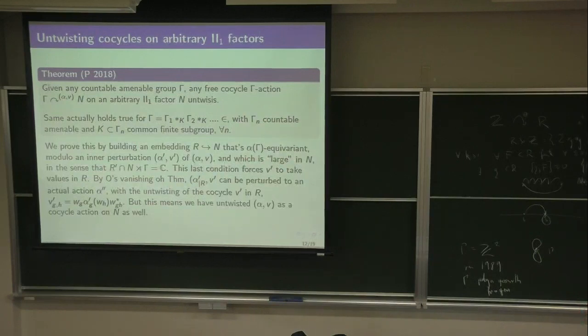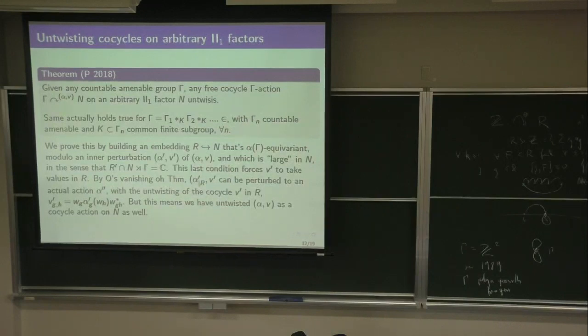Now, why do you want to do that? Because then you want to use Ocneanu's theorem and say I'm untwisting it on R, and then claim I've untwisted it overall.